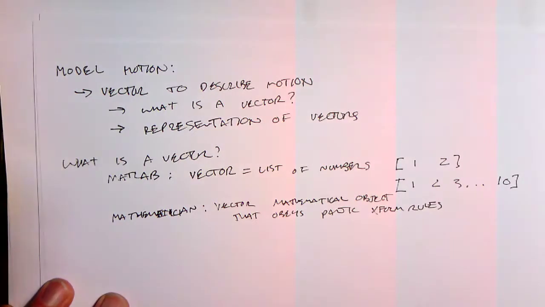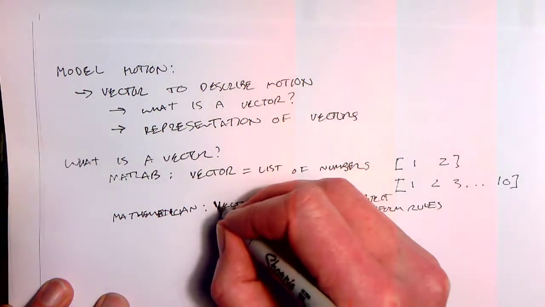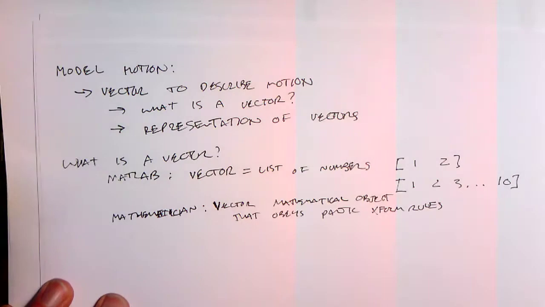And we won't get into that in this class, but certainly when you talk about vectors in linearity, for example, that sort of mathematical definition of a vector is one that you'll deal with some there.